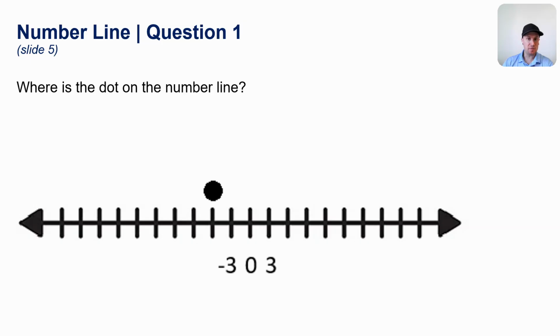So the first type of concept we will be taking a look at is how to identify spots or dots on the number line, values on the number line, if you will. So we'll start with this initial question: where is the dot on the number line here? Now, when I look at a number line, each increment or tick mark on the number line has specific meaning to it.